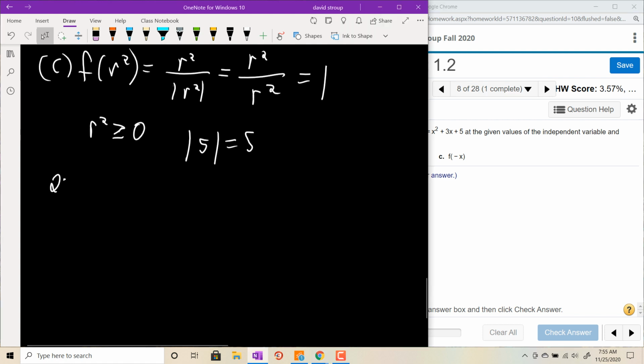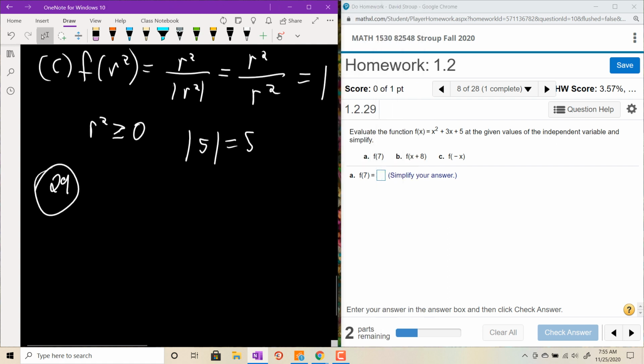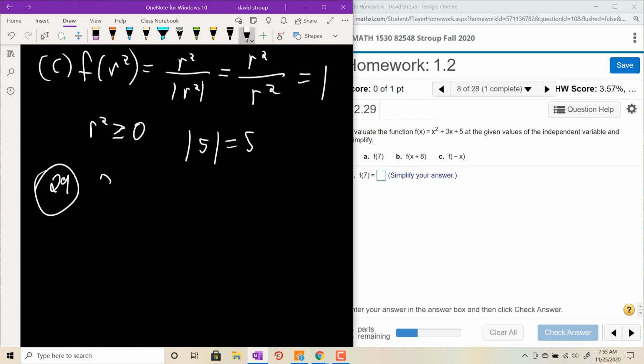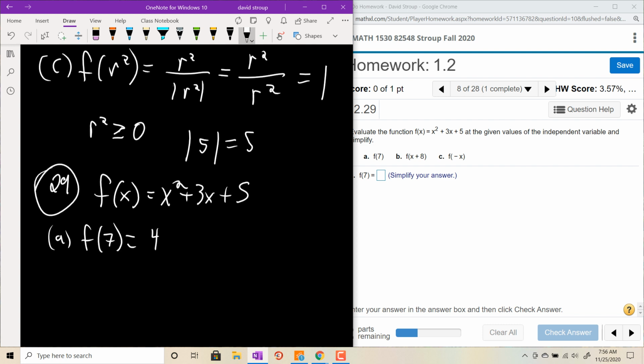So this is number 29 in the book. My function this time, f of x, is x squared plus 3x plus 5. Part A, what is f of 7? Okay, so if I plug in 7 wherever I see x, I get 49 plus 21 plus 5.